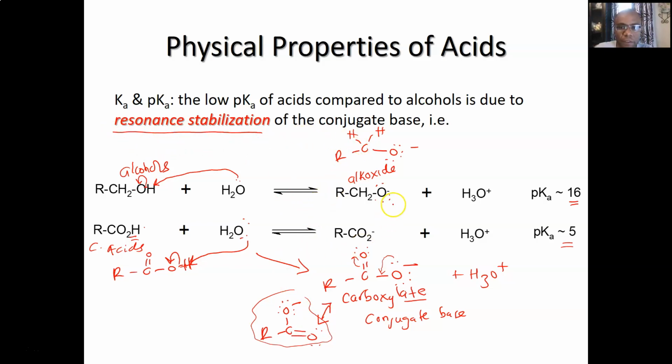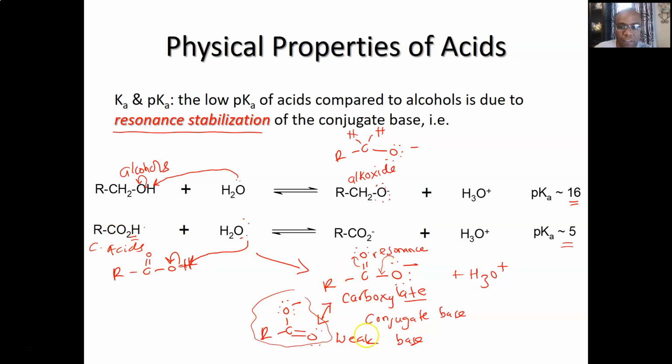The more stable the conjugate base, the weaker it is. This conjugate base is a weak base because the electrons are not available, they are dancing back and forth by resonance. The weaker it is, the stronger the parent acid.